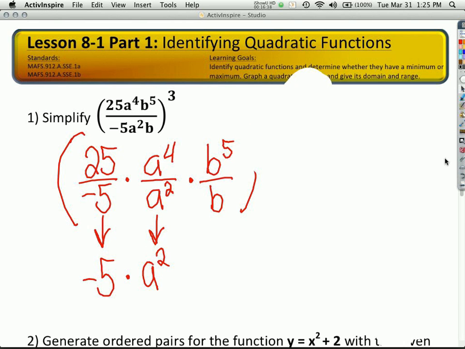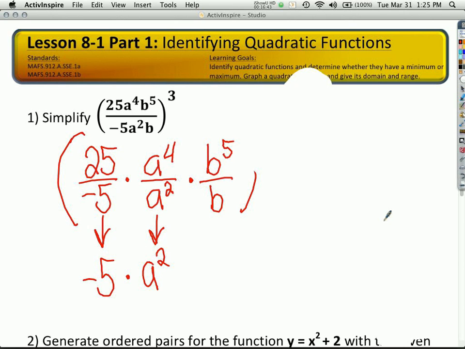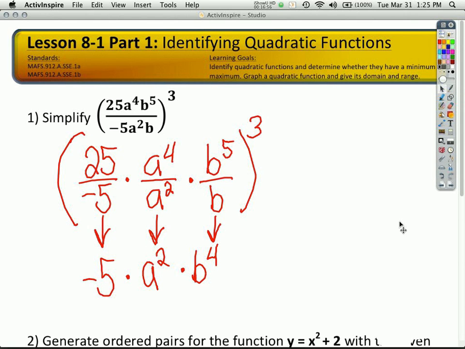If you're just sitting there doing nothing, you're not going to get anything out of it. Go ahead. B to the 4th. And then we had to the 3rd power.